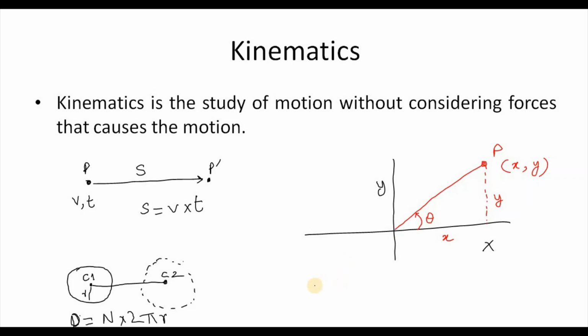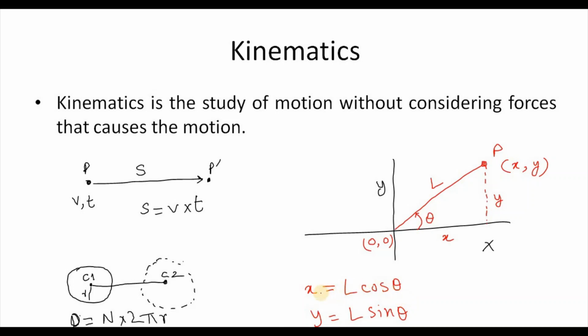Let's say that the length from the origin 0, 0 to this point is L. So x is equal to L cosine theta, and y is equal to L sine theta.